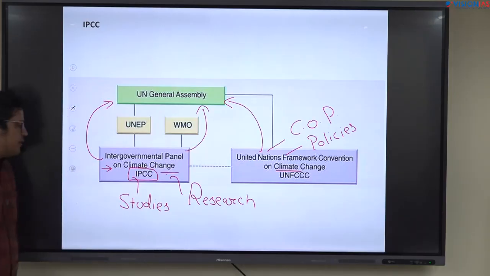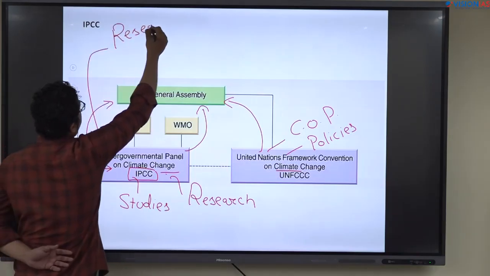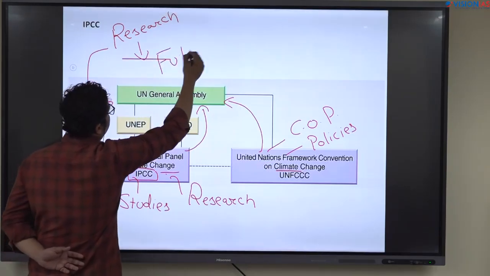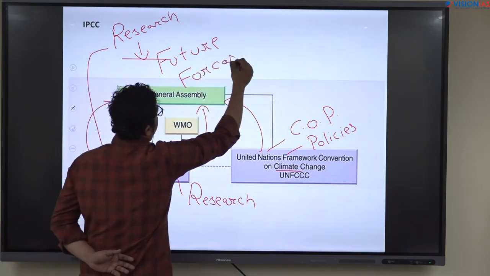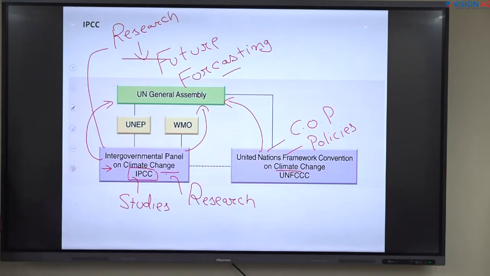Now IPCC's research is majorly based on future forecasting. This is what they do. They tell you about the future. So from their research, from their studies, what will they tell? They will tell you what will happen after 5 years, 10 years, 15 years. Future forecasting they do.